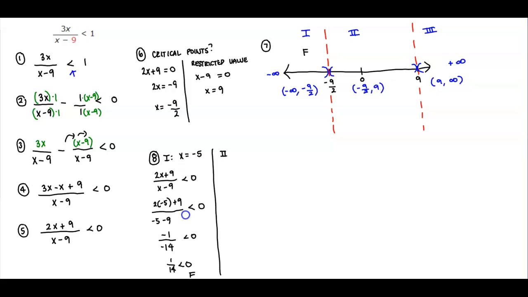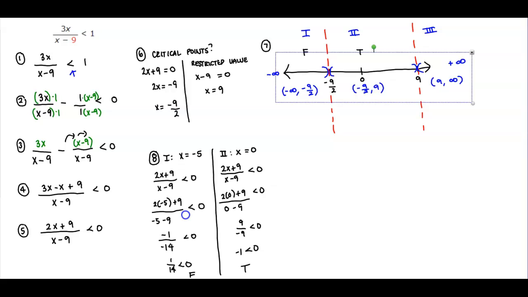For region number 2, we can let x equal 0. Plugging it into 2x plus 9 over x minus 9, we have 2 times 0 plus 9 over 0 minus 9. So we get 9 over negative 9, which is negative 1. Negative 1 is less than 0, so it's true for region number 2.